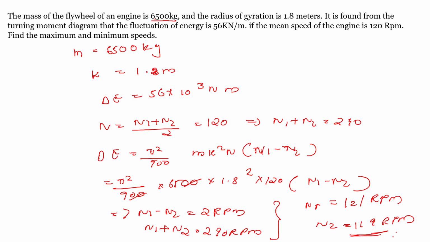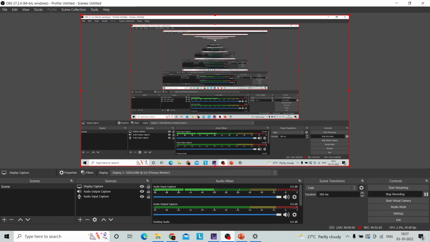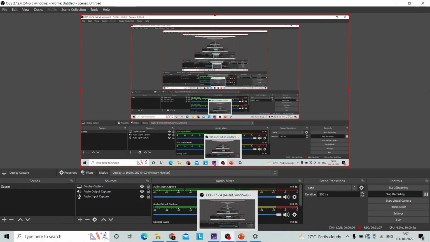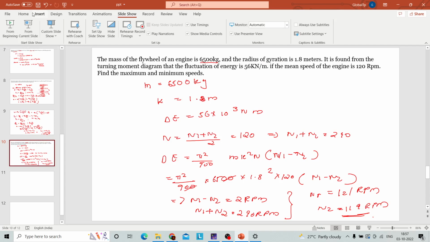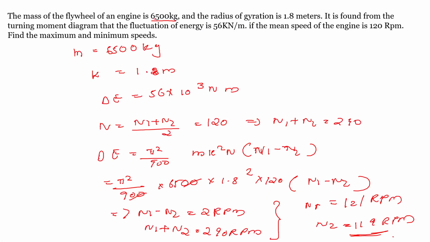Then you can solve this problem very easily. So please go through this.